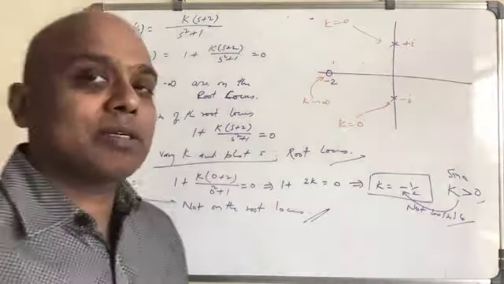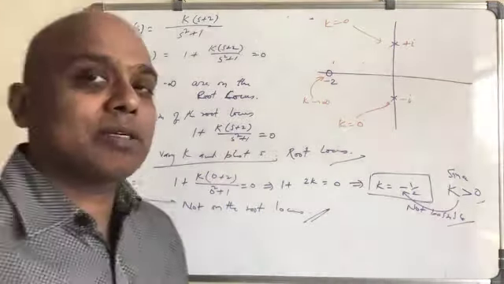Now, if we have s tend to minus infinity, k is equal to minus infinity square plus 1 divided by minus infinity plus 2.